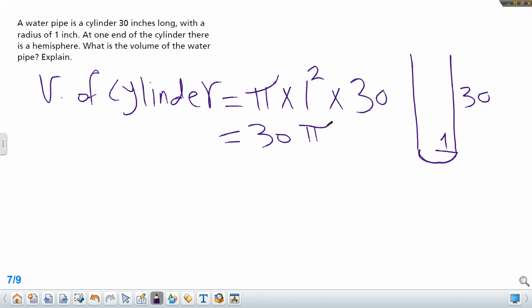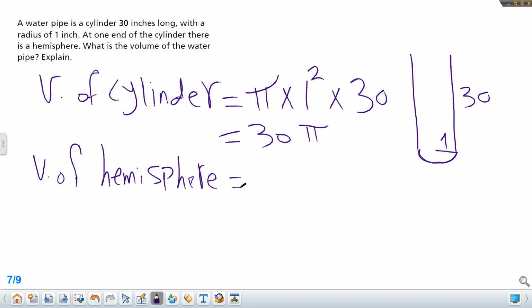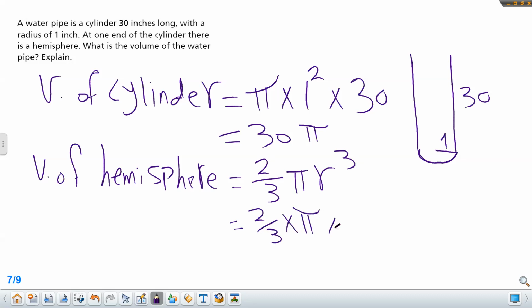But what about the volume of the hemisphere? A hemisphere, guys, is half a sphere, and you know the volume of a sphere equals 4 over 3 pi r power 3. So the volume of the hemisphere is 2 over 3 pi r power 3, which is 2 over 3 times pi times radius power 3, which is 1 power 3.